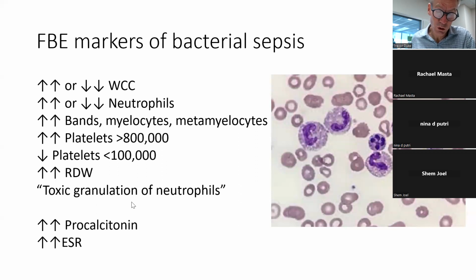The blood film looks toxic, they say. I won't talk about these other markers, procalcitonin or CRP or ESR. They can be useful, but we don't always have them at our disposal. But if we've got a full blood count that we can get quite quickly, then I think it's a very useful adjunct to our clinical features that we can see at the bedside.